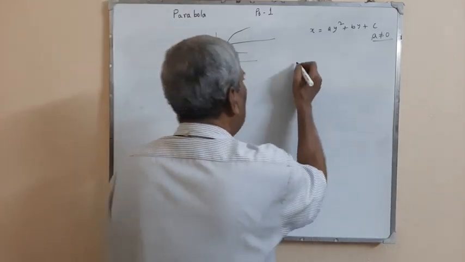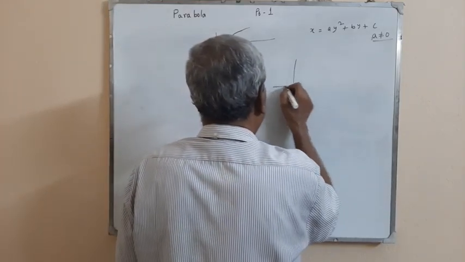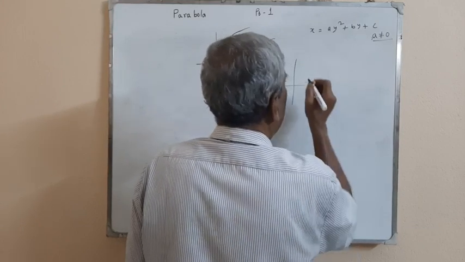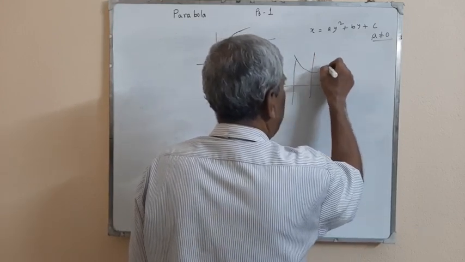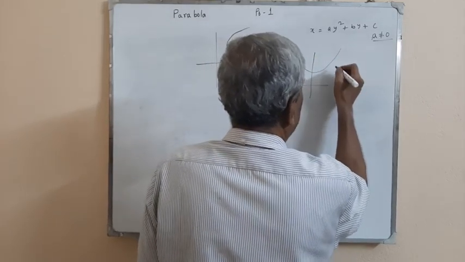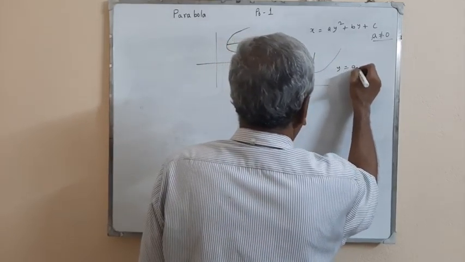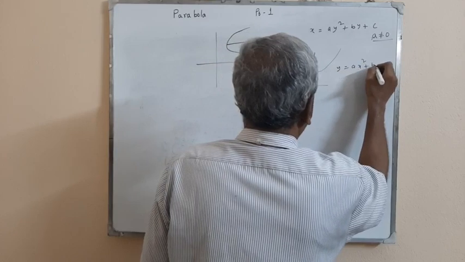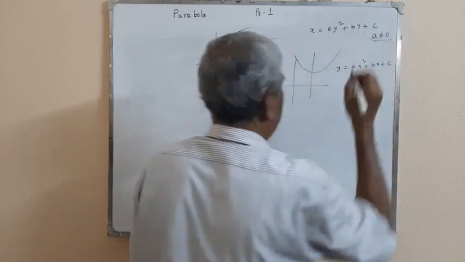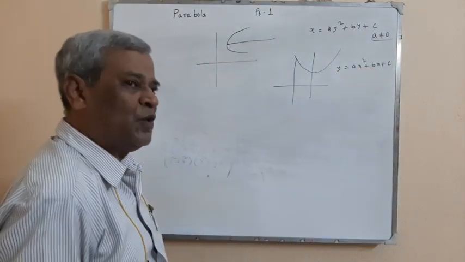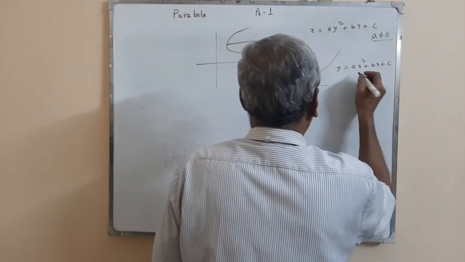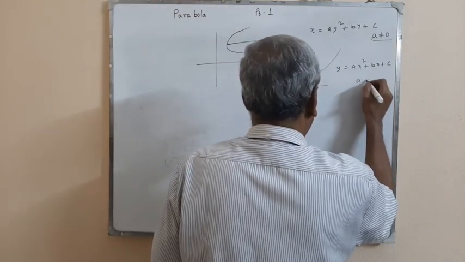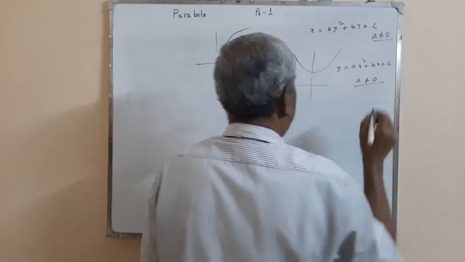And one more I told you, a parabola whose axis is parallel to the y-axis has the equation y = ax² + bx + c. A, B, C are unknown constants to be determined from the given information. Here also, a is not equal to 0.